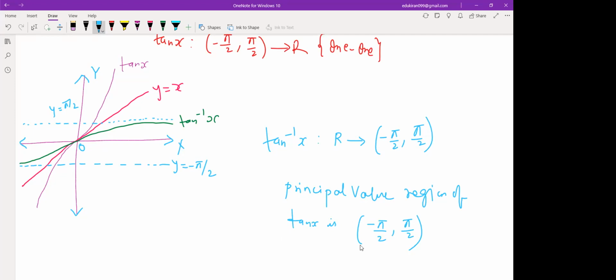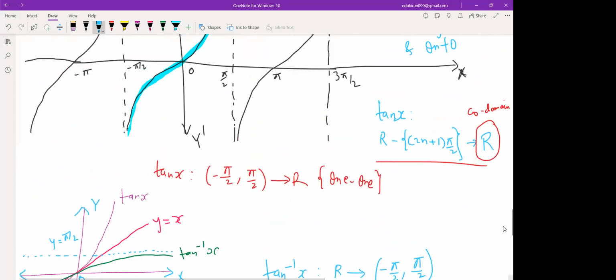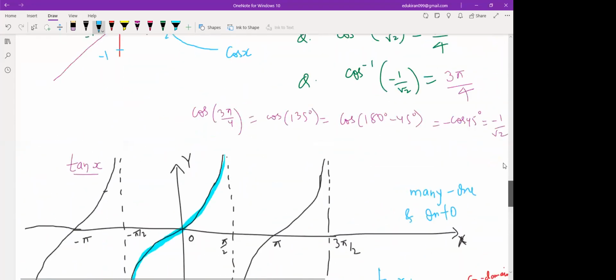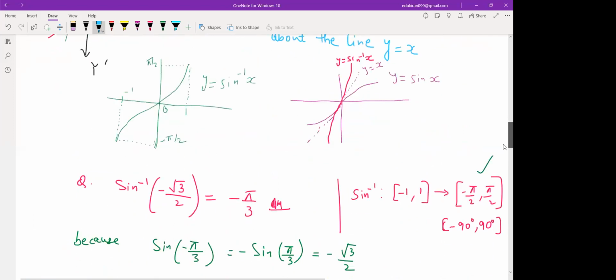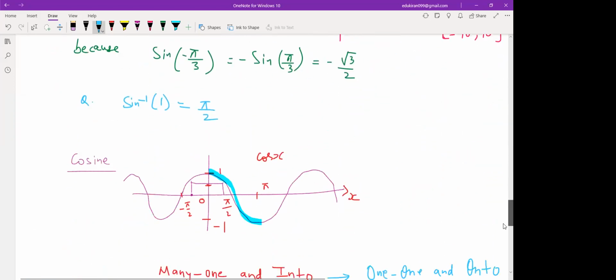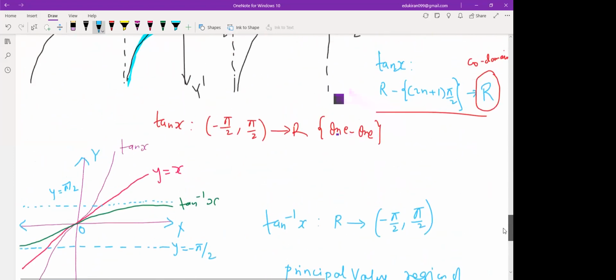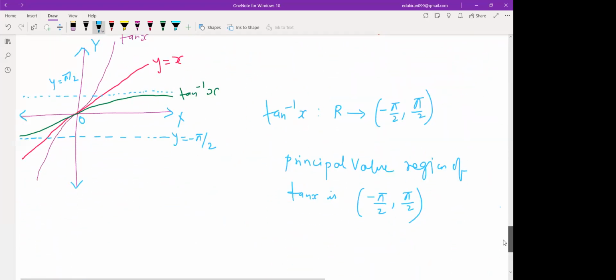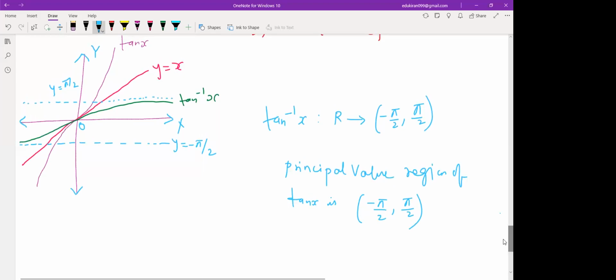The sin x was also minus pi by 2 to pi by 2, as we did in sin x, but there it was included. But here, it is not included because tan is not defined at minus pi by 2 and pi by 2. So just write this down.